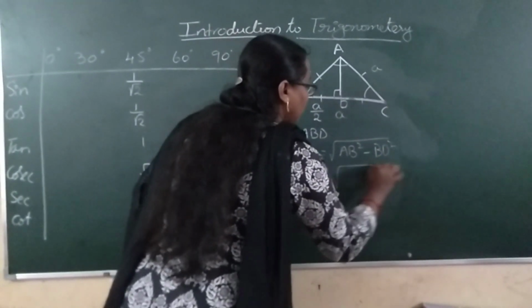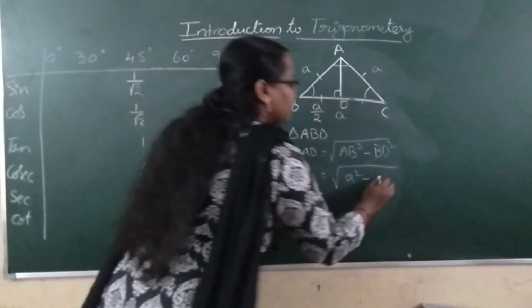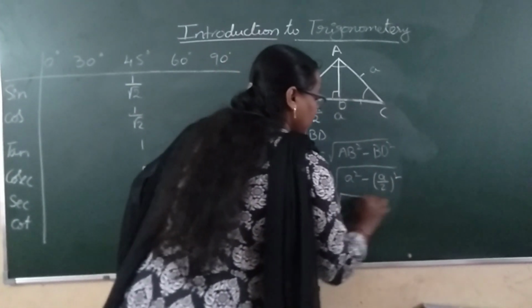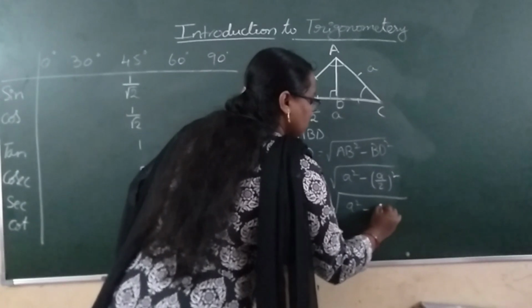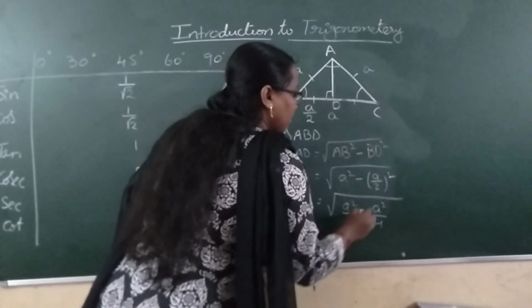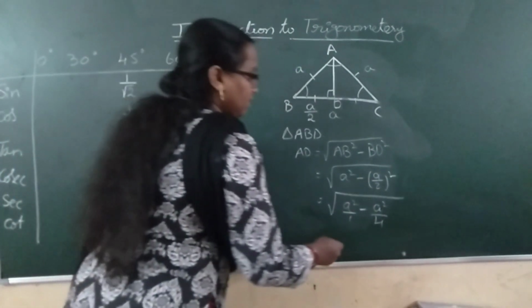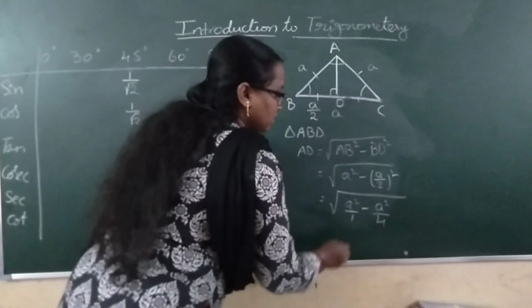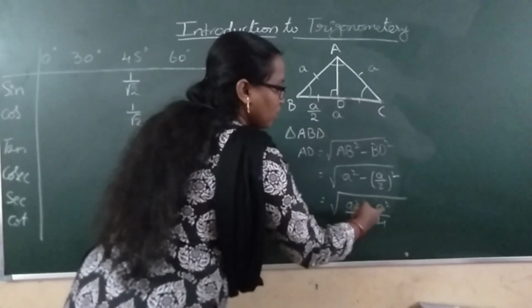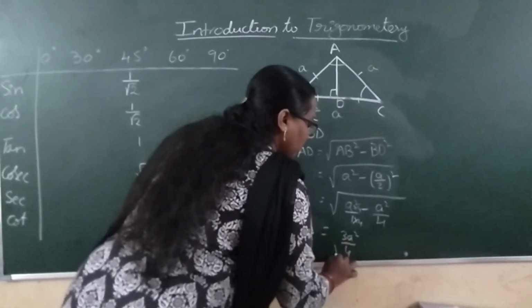AD is root over A square minus BD, which is A by 2, whole square. So A square minus A square by 2 square, which is 4. Many will forget to square the denominator; they only square the numerator. Now take LCM: 1 and 4, LCM is 4. 4A square minus A square becomes 3A square by 4.